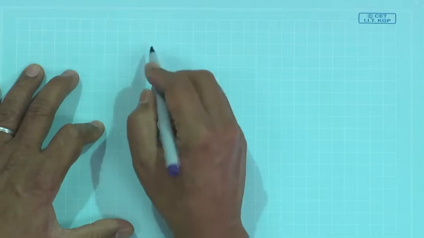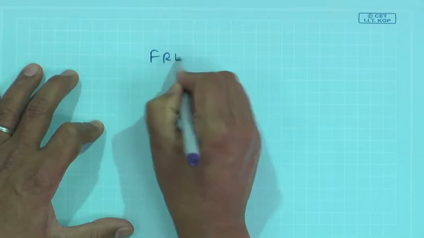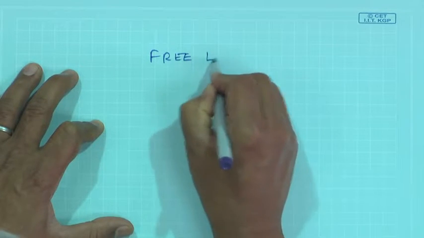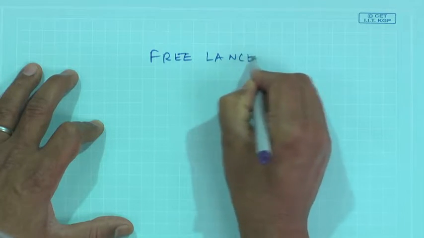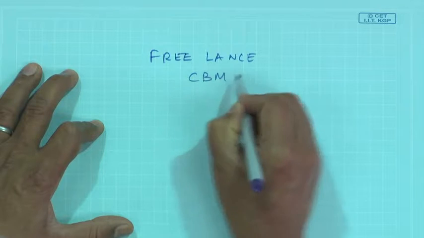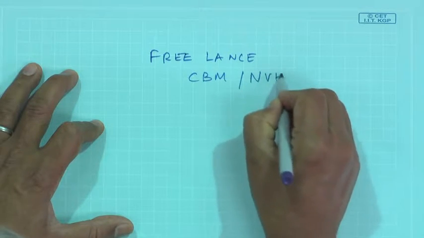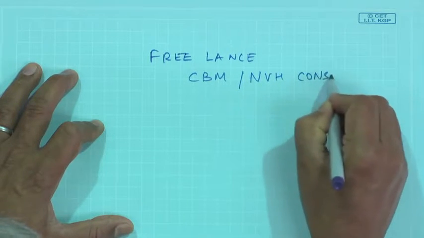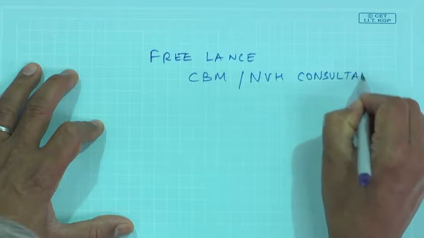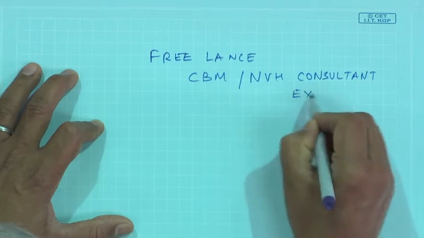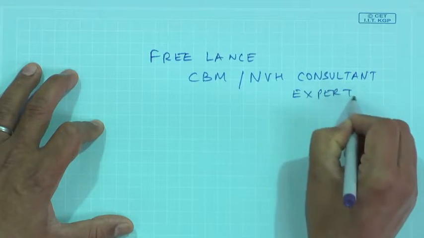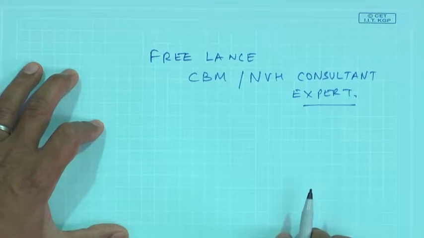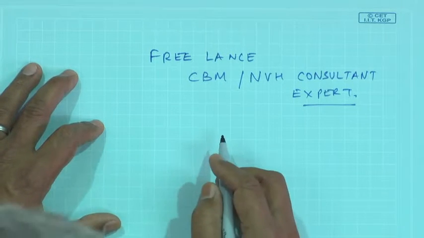And let me tell you, in many of the short courses I conduct, if somebody wants to be a freelance CBM or NVH consultant or an expert, what is the minimum equipment which one should carry?